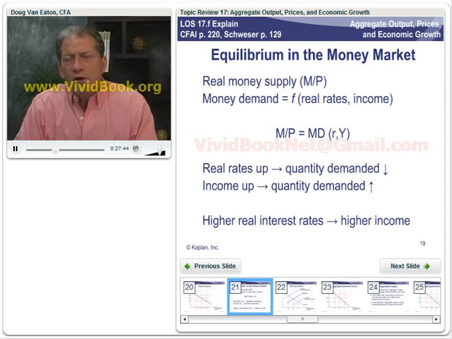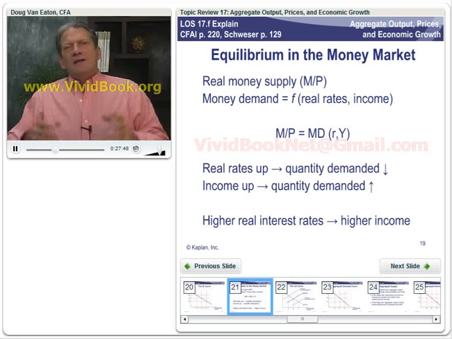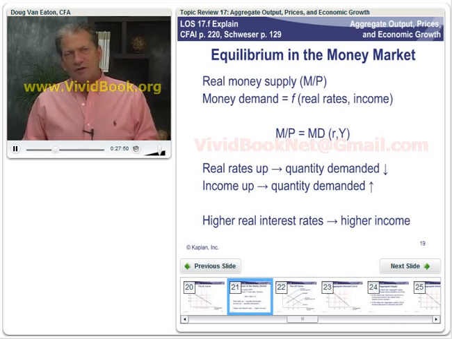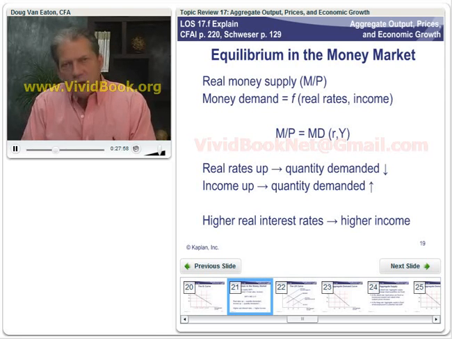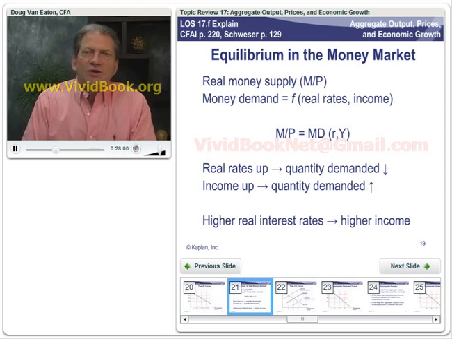So when real rates go up, the opportunity cost of holding money goes up. And when that cost goes up, quantity demanded decreases, just like for any other good. The cost of holding real money balances goes up. People are going to hold less in equilibrium.